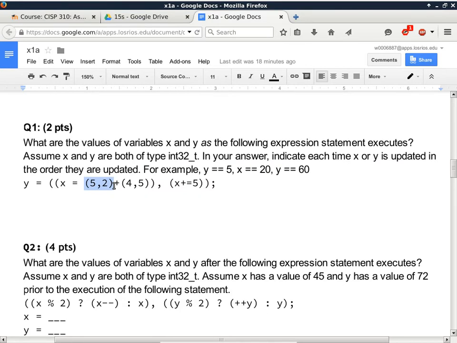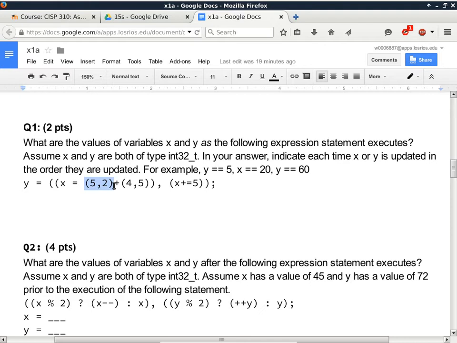This is a comma separated expression. Comma is an operator. That was briefly discussed when we talked about post increment. When you look into the post increment notes, that's when we talked about the comma operator, which is really just used to separate expressions. Only the last one matters, unless each one has a side effect.